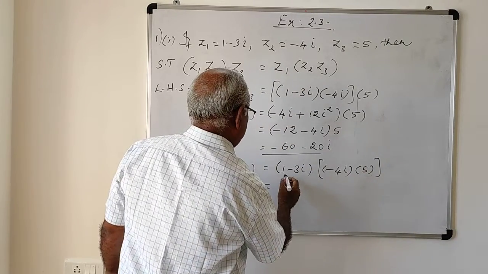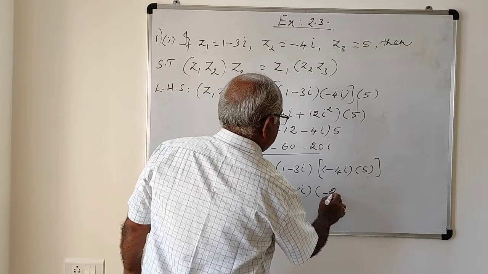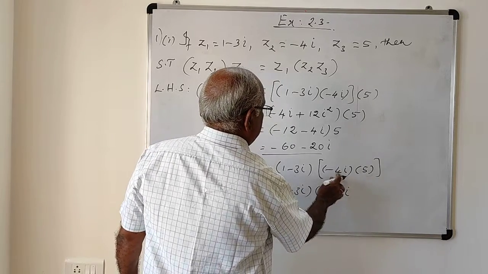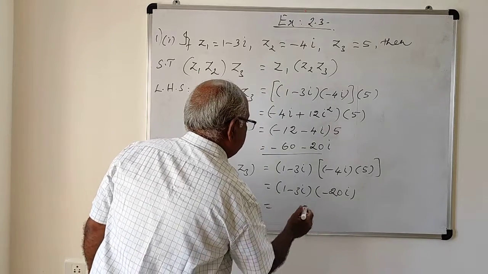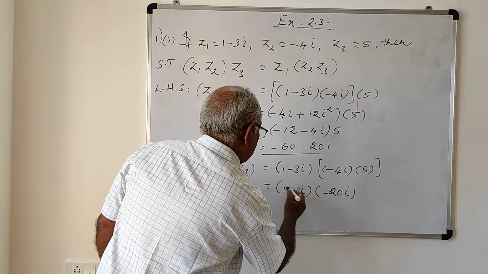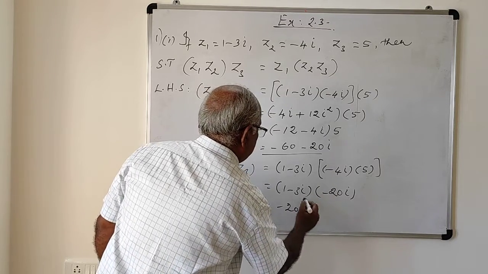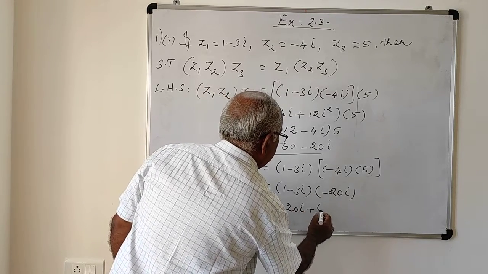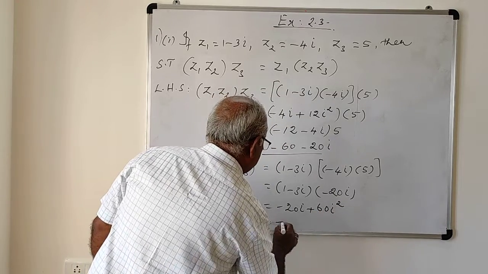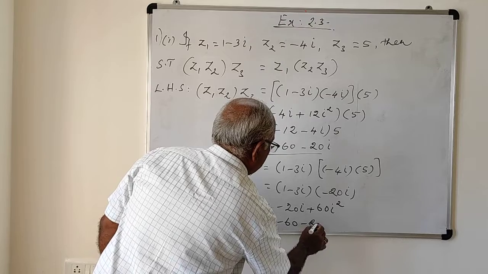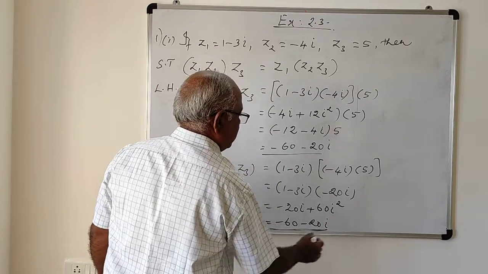You keep this 1 minus 3i and multiply by minus 4i times 5, which is minus 20i. Again by multiplication, minus 20i into 1 is minus 20i, and minus 3i into minus 20i is plus 60 i square. I square, you know, is minus 1. So minus 1 into 60 is minus 60, minus 20i. So LHS equals RHS.